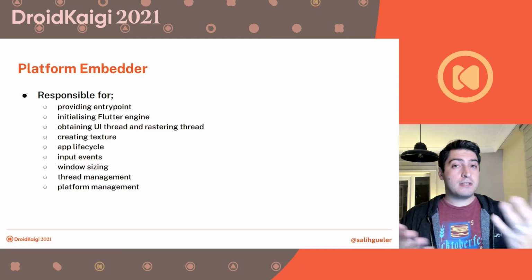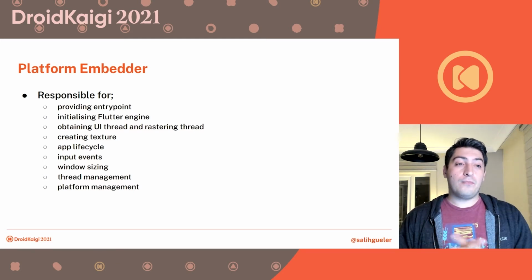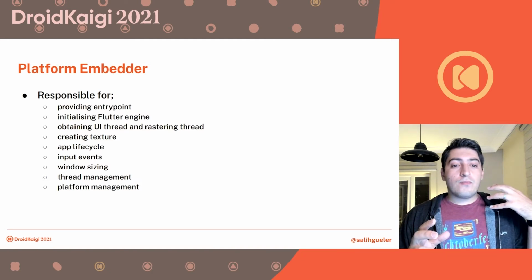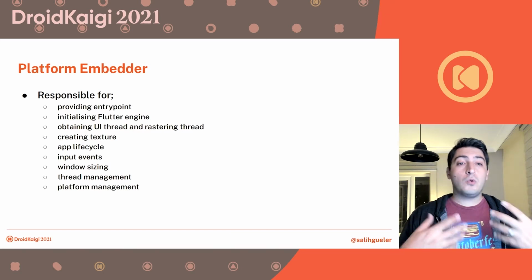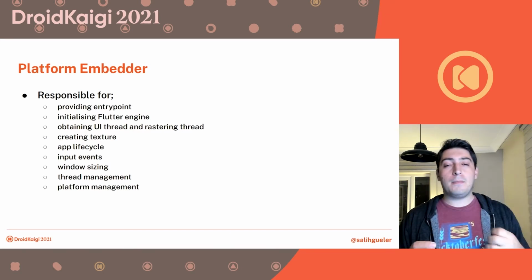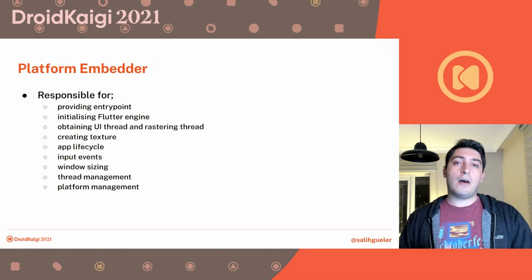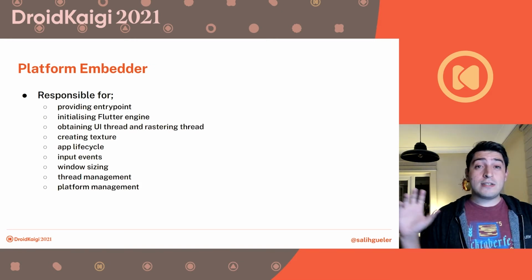Platform embedder is the base platform that we have for our application. Instead of having multiple different implementations inside the library, it is using the power of the platform itself and connects itself to it. It provides an entry point.